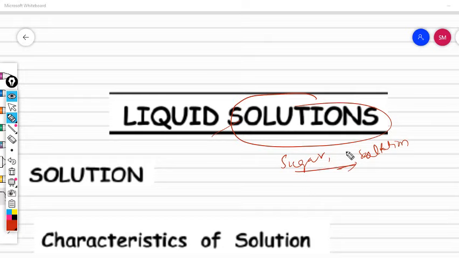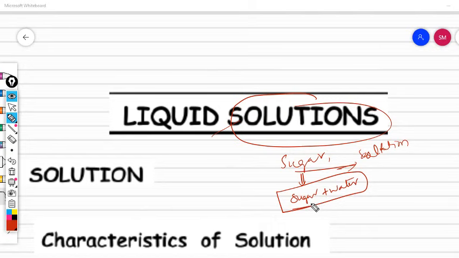Okay. So if you consider sugar solution, what could be the components? Components means the items which are present in a solution. Okay. So sugar and water. These are the two components that are going to be present in the sugar solution.